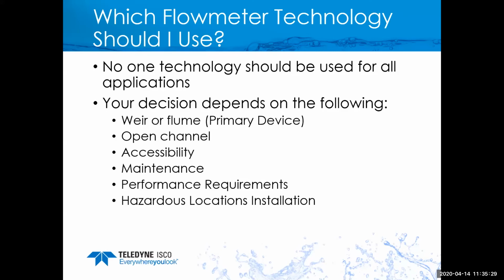Do you have easy access to get to the sensor for maintenance, for cleaning if needed? And what are your performance requirements? Are you looking for the highest accuracy, or are you just looking for flow trends? And last, is it hazardous location rated? Do you need an intrinsically safe rated sensor? If so, make sure that the sensor is rated for your application.